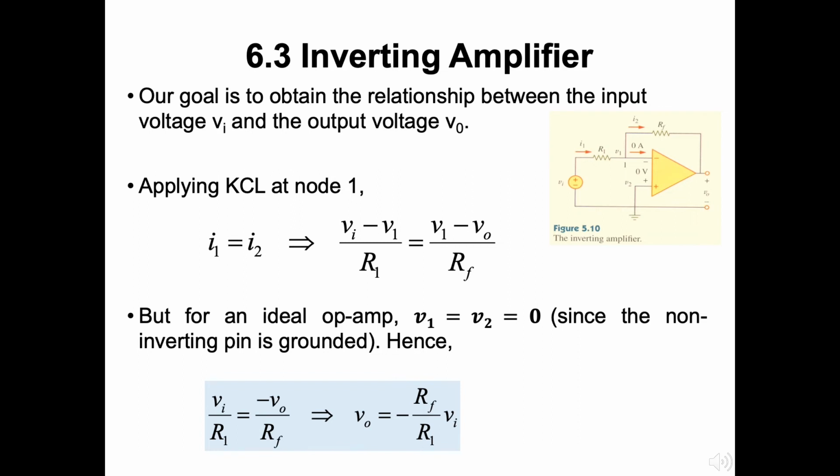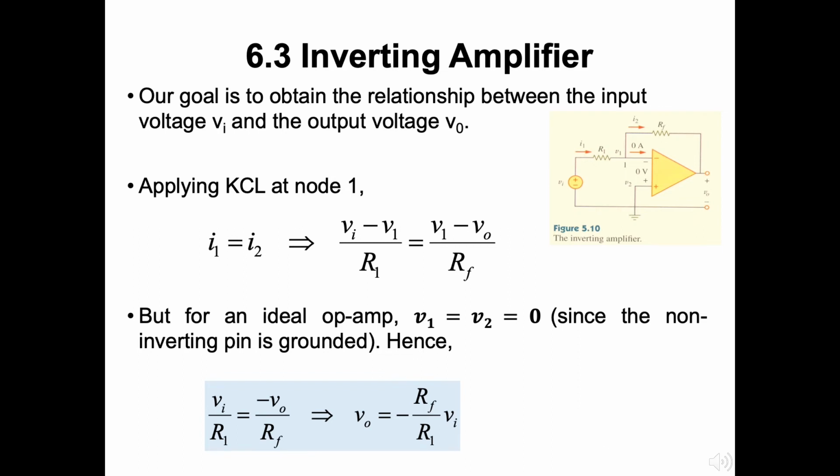When we apply KCL at node 1, I1 and I2 are similar. It later will direct us to the two voltage and resistance relations here. But for an ideal op-amp, V1 equals V2 equals 0, since the non-inverting pin is grounded.